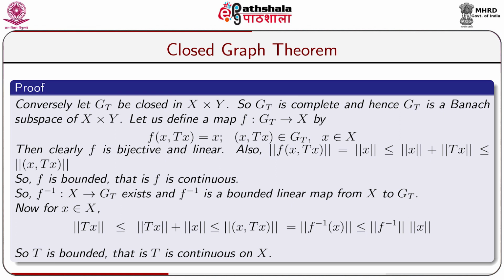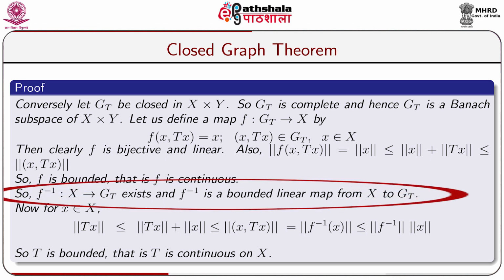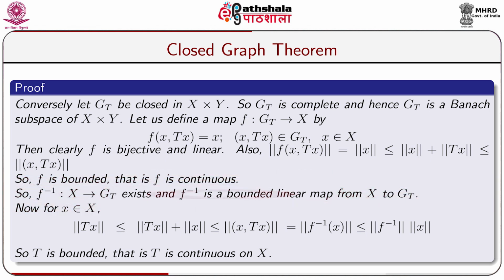So F is bounded, that is F is continuous. We know that if a linear operator is bounded, then it is continuous and vice versa. So F inverse is a mapping from X to GT, F inverse exists, and F inverse is a bounded linear mapping from X to GT.